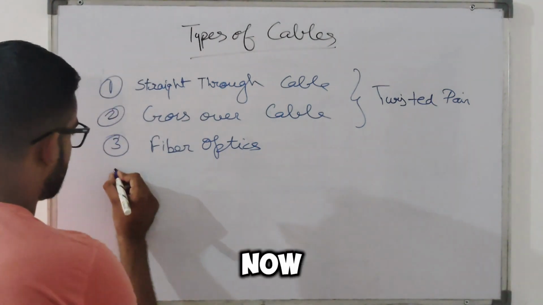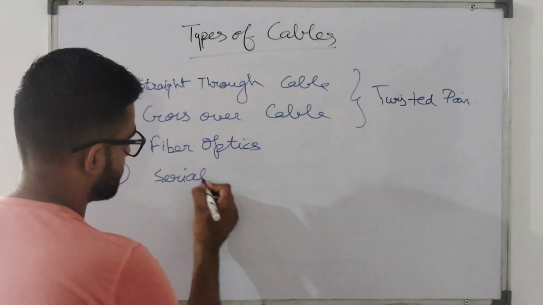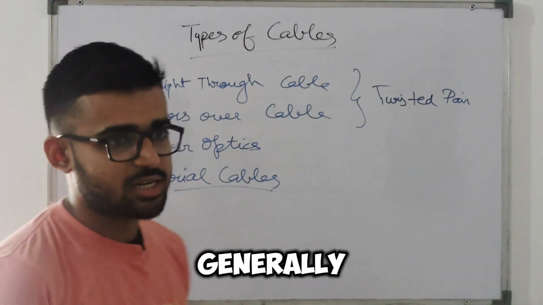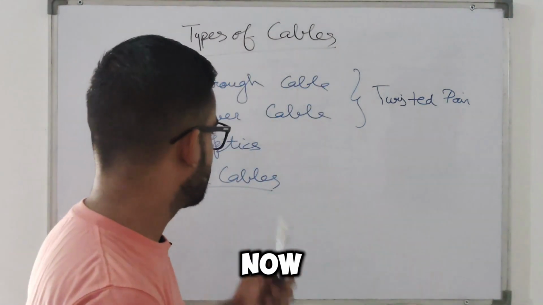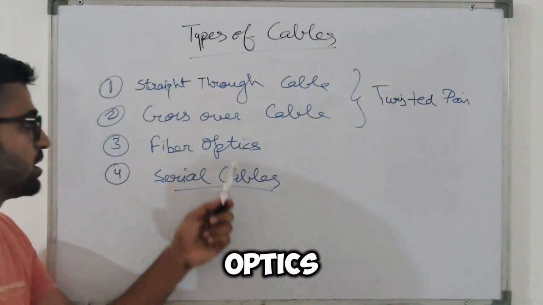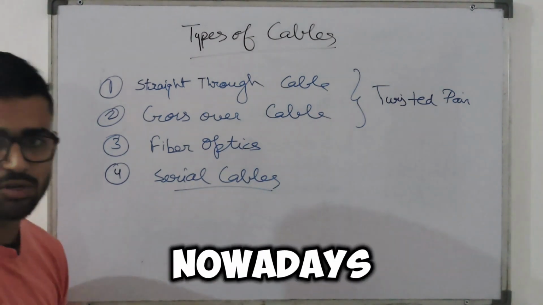Now the fourth is called the serial cable. This cable is generally used for long ranges. These cables are now less used and have been replaced by fiber optics. Fiber optics replaced this connecting link nowadays.